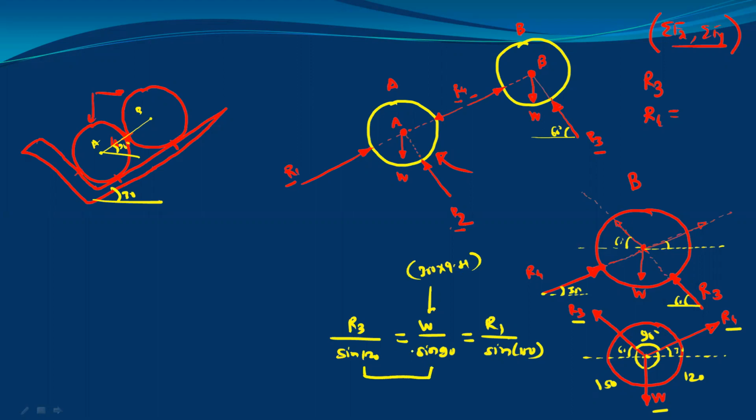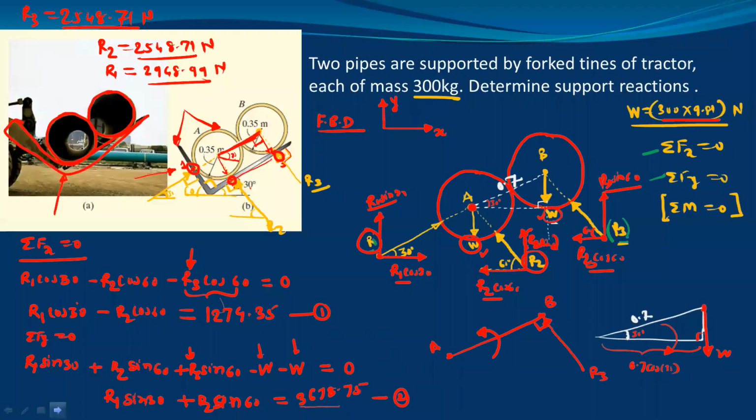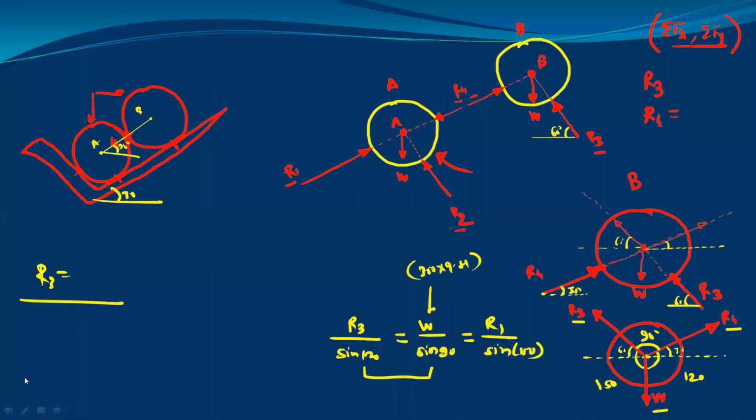So first equate these two values and calculate the reaction R3. So reaction R3 you will get as 2548.71.